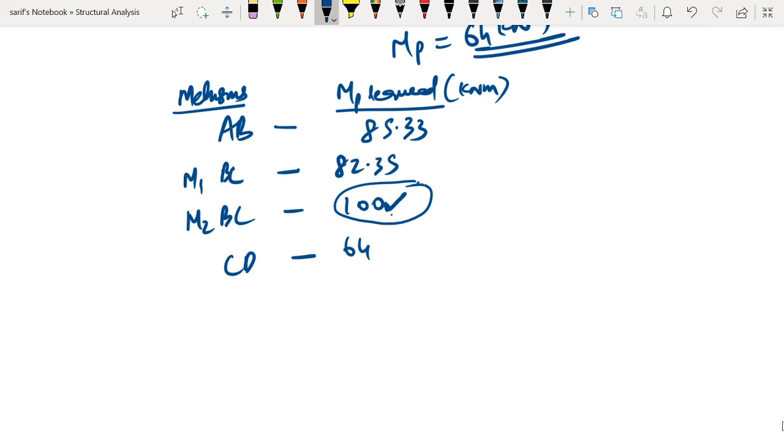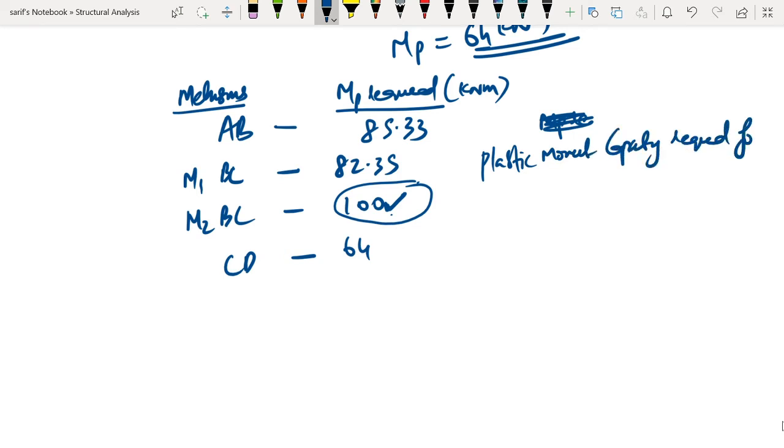So if Mp is chosen as 100, then the plastic moment capacity required for span AB, it is 2 Mp, that is 200 kilonewton meter.